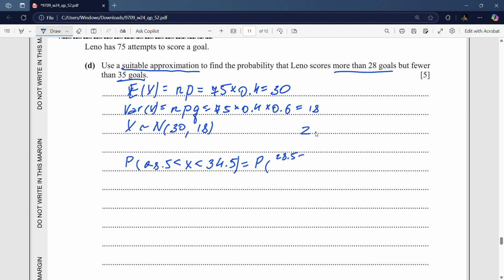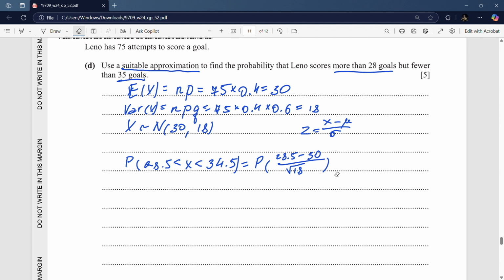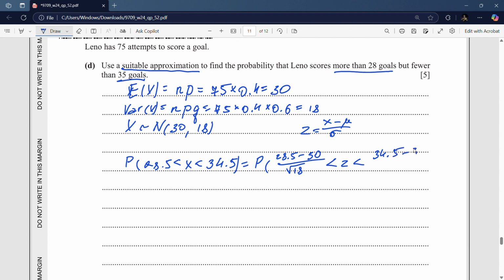As you know, the formula for finding z is x minus mean over standard deviation. So 28.5 minus 30, our mean, over square root of 18, and here 34.5 minus 30 over square root of 18.